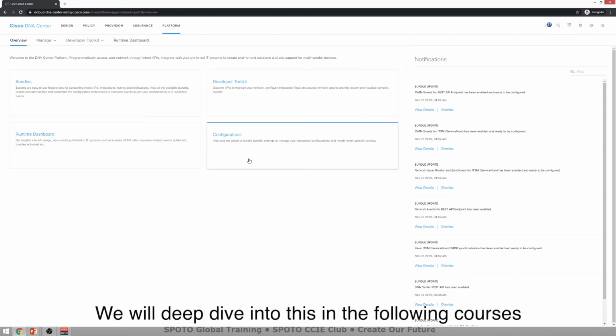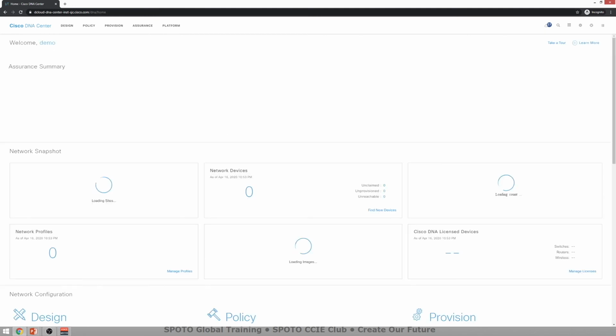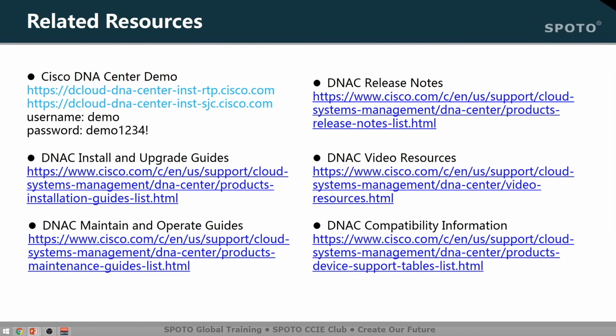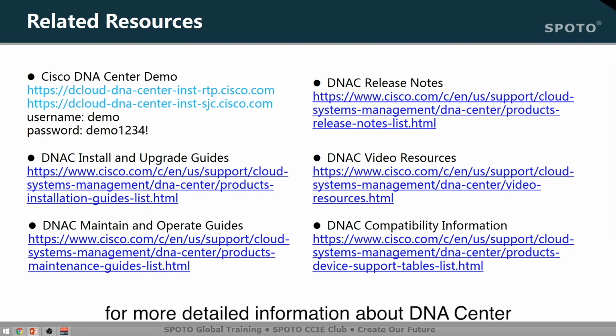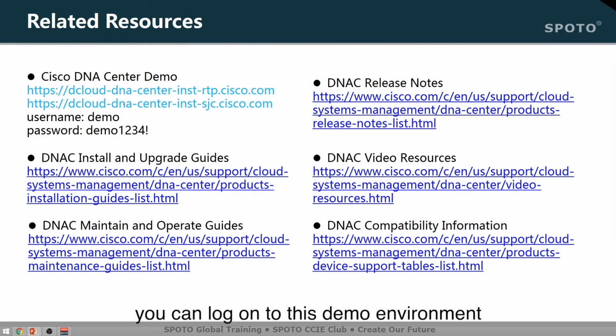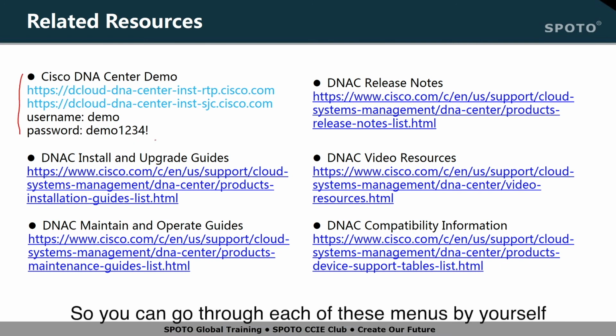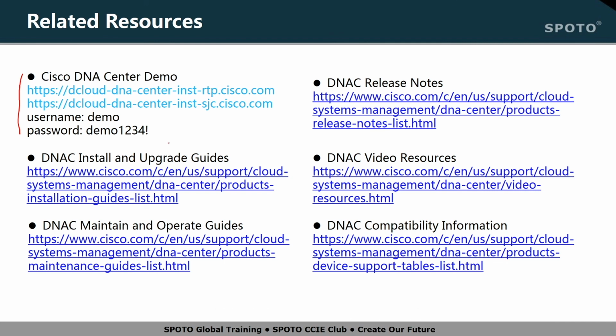We will deep dive into this in the following courses. For more detailed information about DNA Center, you can log on to this demo environment provided by Cisco with username and password, so you can go through each of these menus by yourself to understand how it works.